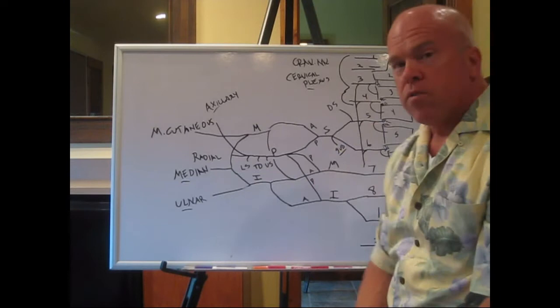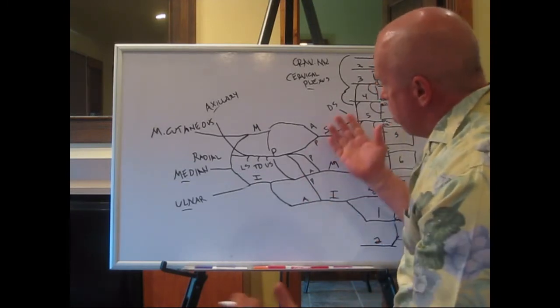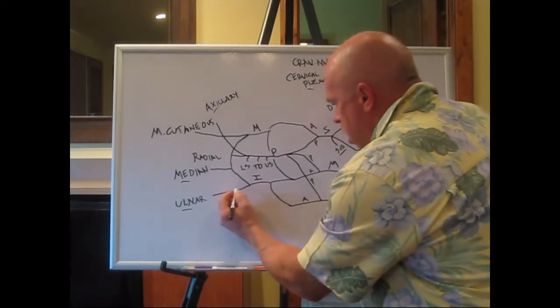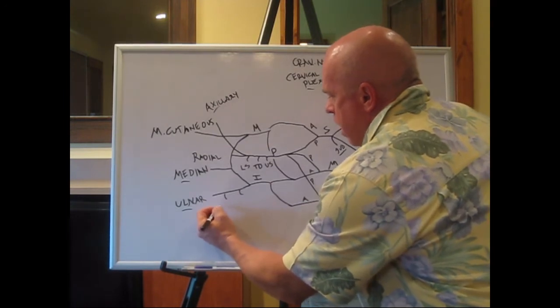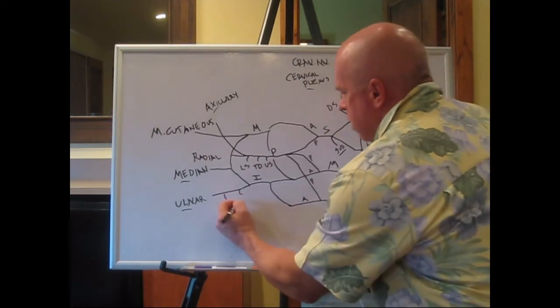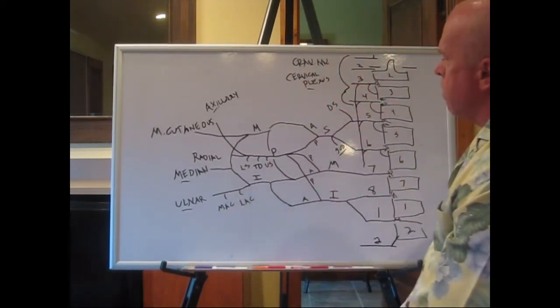This also serves the subscapularis muscle. Off of the ulnar nerve, we have both the medial antebrachial cutaneous nerve along with the lateral antebrachial cutaneous nerve.